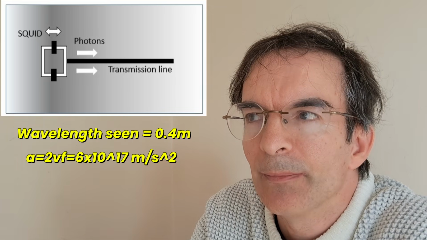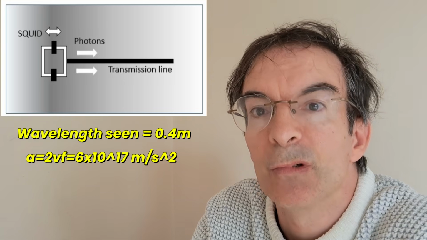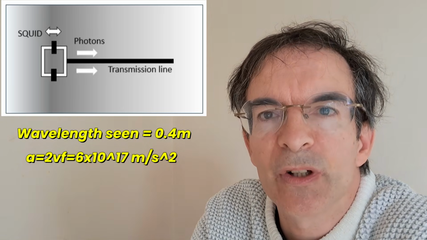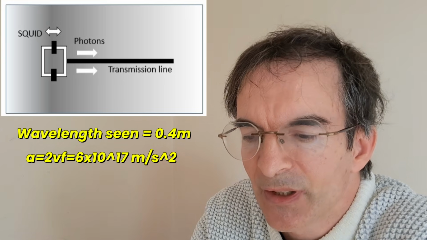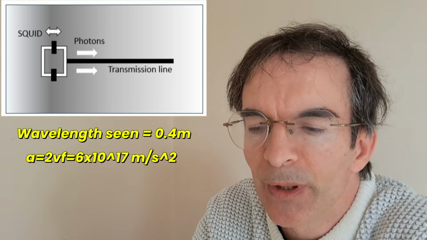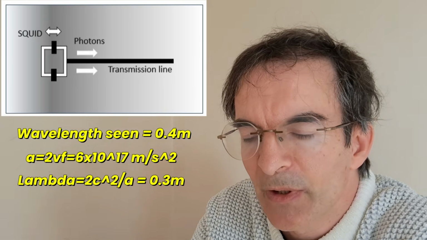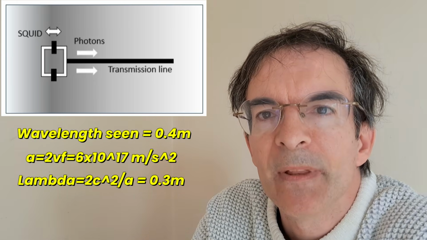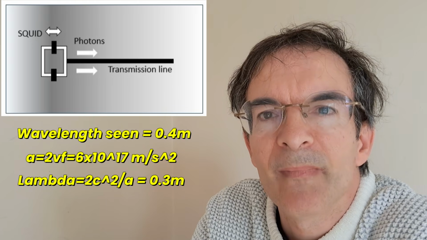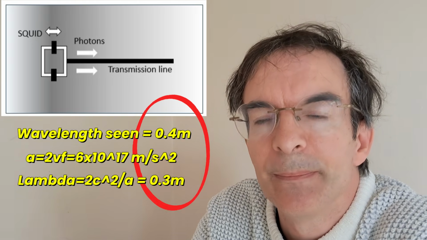And so, okay, could these photons be thought of as being Unruh radiation, which would be nice and would bring this in line with QI? Well, yes, it can, because the wavelength of Unruh radiation associated with that acceleration is given by lambda_U = 2c squared over a, where a is acceleration, and that's 0.3 meters, which agrees with the 0.4 meters that they observed.